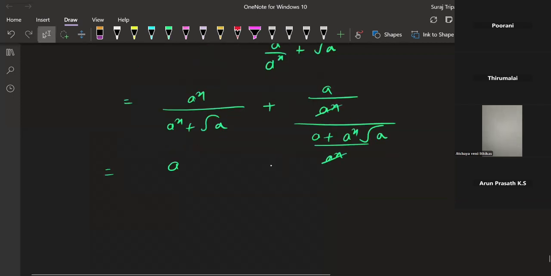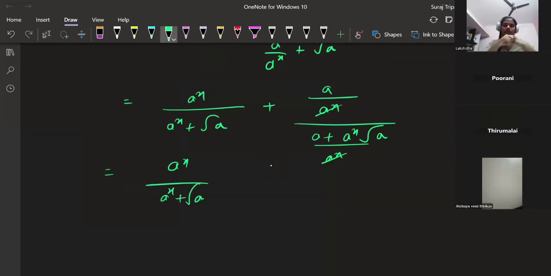So we are left with a raised to x divided by a raised to x plus root a, right? So this we have again a upon a plus a raised to x root a. Now rationalize these two numbers, right?